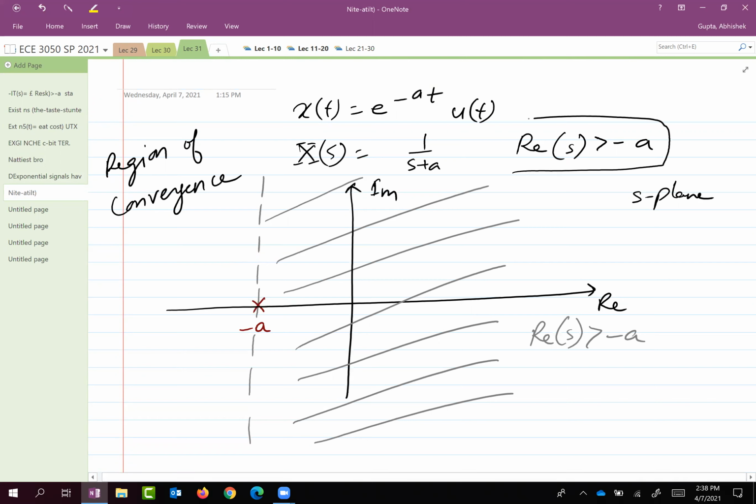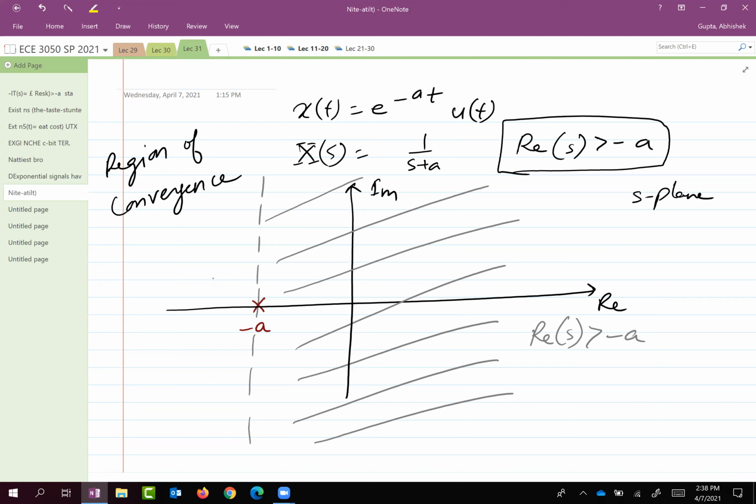But as we mention here, I want my real part of s to be strictly greater than negative a. So therefore, this line has to be a dotted line, not a solid line. That's just the convention in mathematics.